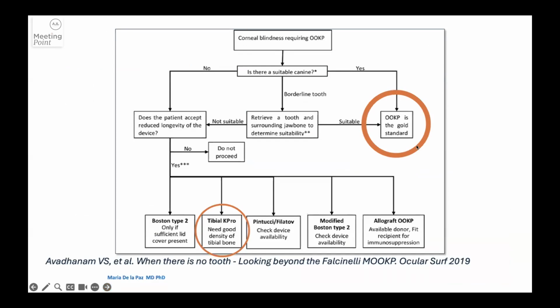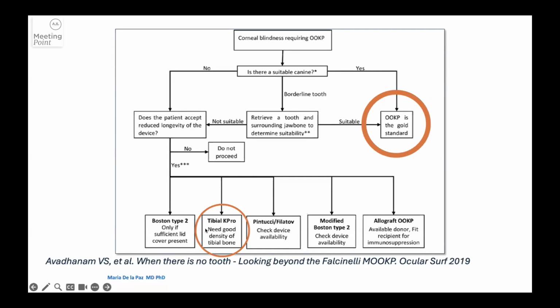The gold standard is still the tooth, as you can see here. And that has been shown by several publications by myself, by a team from India, by the team from the UK, and also from Italy. So if you have a suitable canine, please go ahead and do your OOKP. But if you don't have one, then you have your options at the bottom.